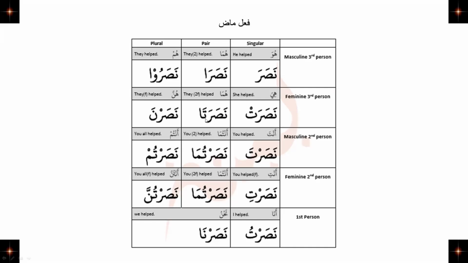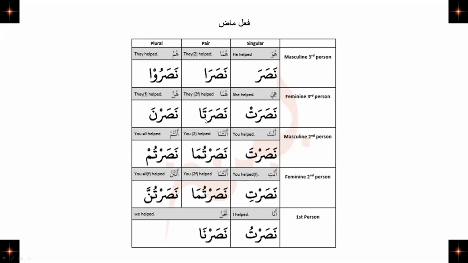Huma nasarata. Now look at this nasarata and this nasara. Even though they are both huma, the first huma is for masculine and the second huma is for feminine. They are the same letters, but one is representing a feminine pair.